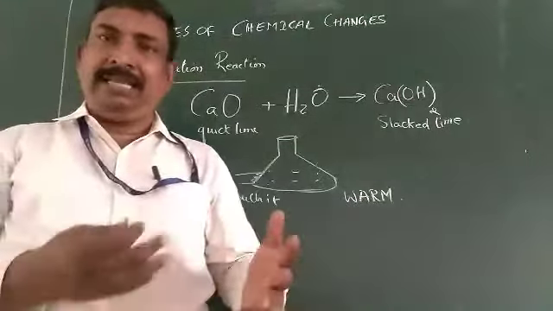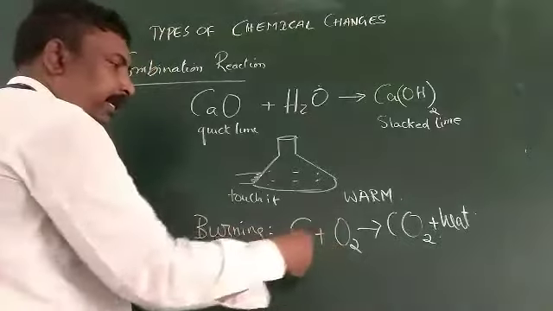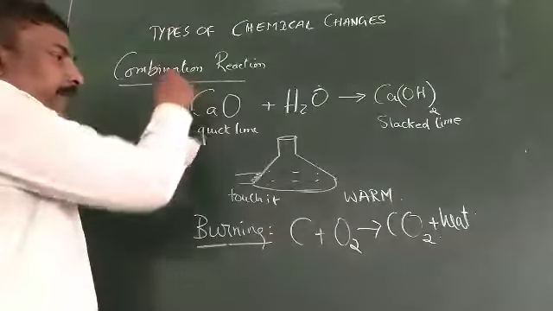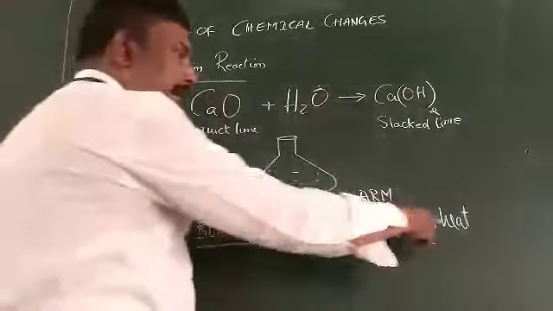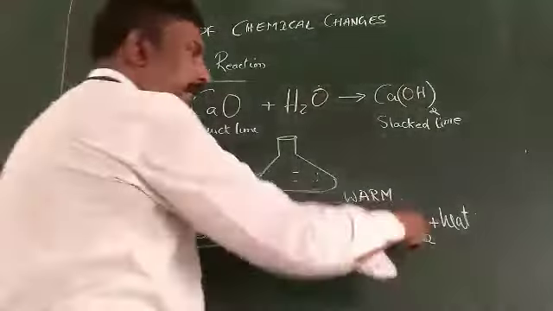Now you see, how many reactants are there? 1, 2. 2 reactants have combined and gave one product. So this burning of carbon is also an example of chemical combination. As heat is released during the chemical reaction, this is also an example of exothermic reaction.